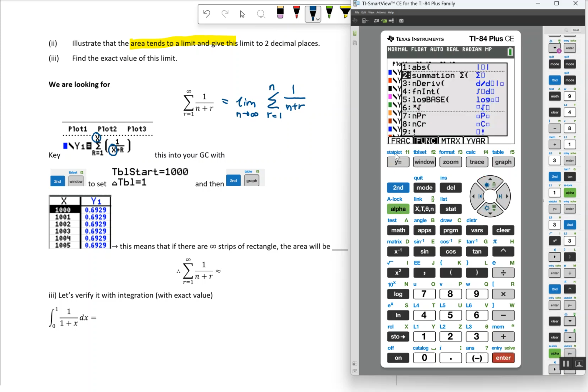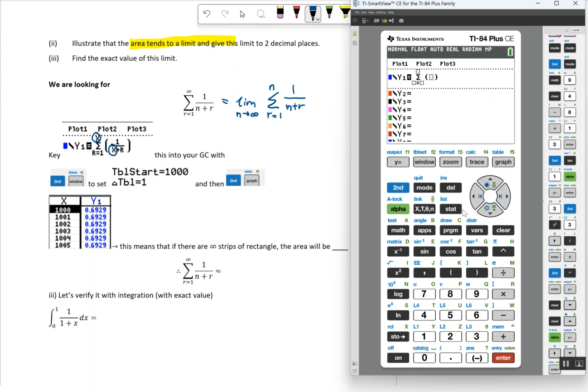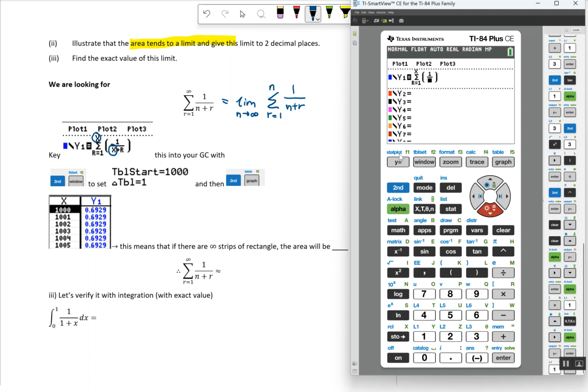Can you see summation number 2? This is the summation sign. For r, r is in green, alpha multiply, r starts with 1 all the way to n, n is x. Key in the expression that you want, 1 over n plus r, which means x plus alpha multiply, x plus r.